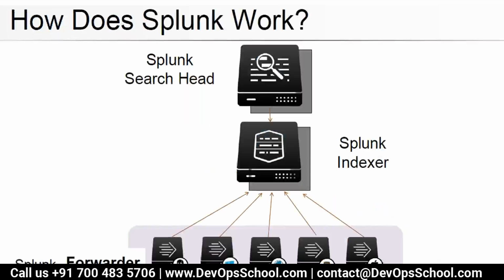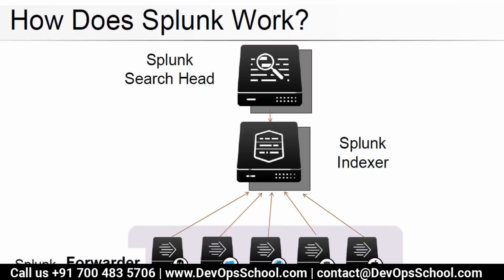And this is the basic structure of Splunk. If you see the line below, we call these Splunk forwarders. These Splunk forwarders are, you can say, the Splunk agents. You can install these agents in Linux servers, Windows servers, database servers, or any operating system.